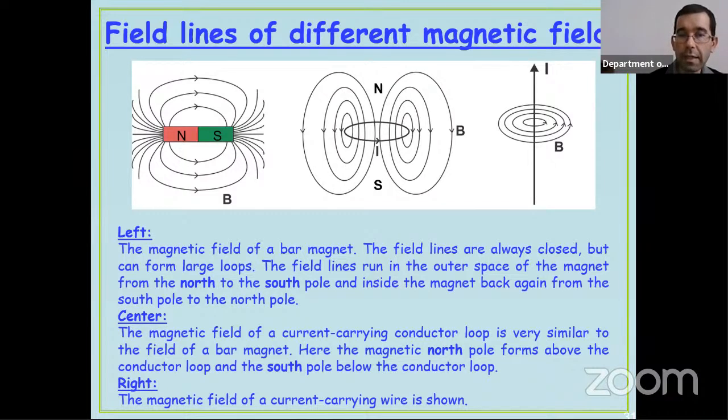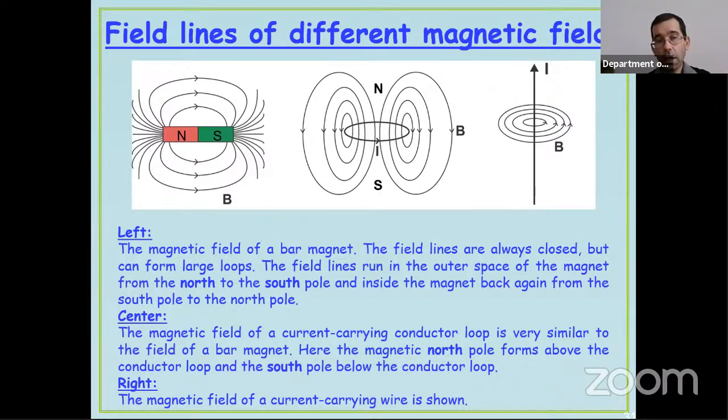Left, you see the magnetic field of a bar magnet. As you see, magnetic field lines always start outside of the magnet from the North Pole, and they go towards the South Pole.